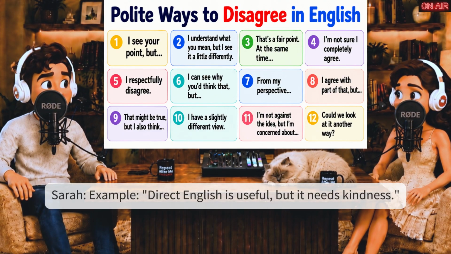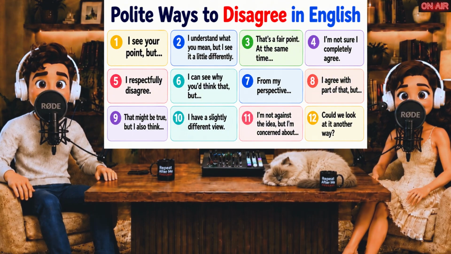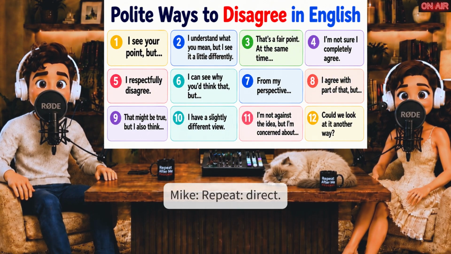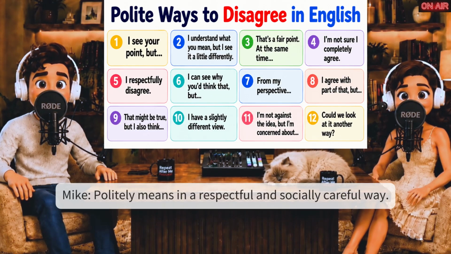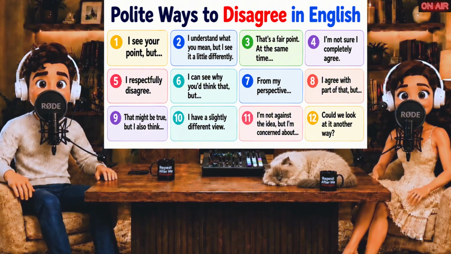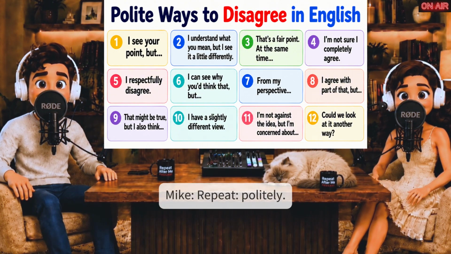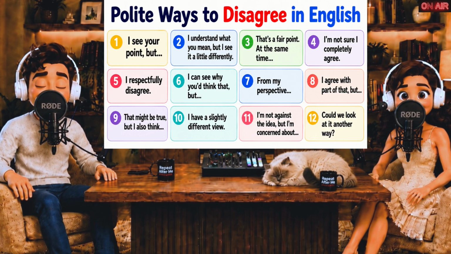Example, direct English is useful, but it needs kindness. Repeat. Direct. 12. Politely. Politely means in a respectful and socially careful way. Example, he disagreed politely during the meeting. Repeat. Politely.